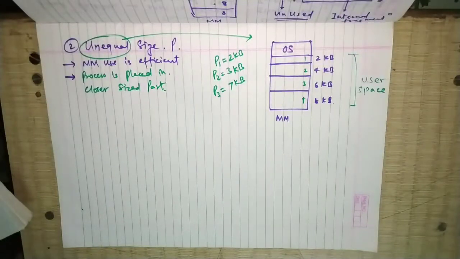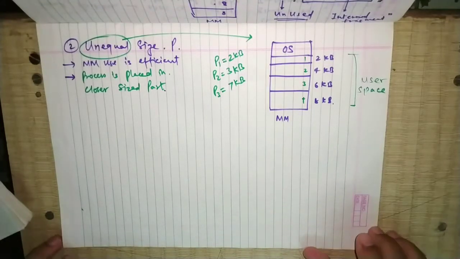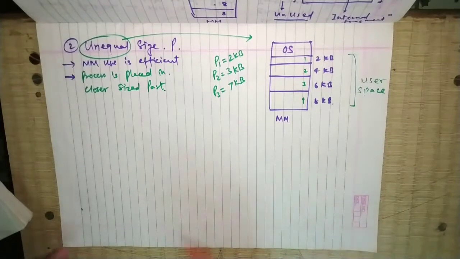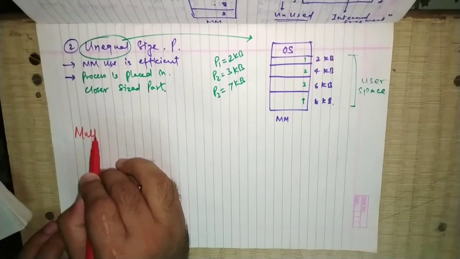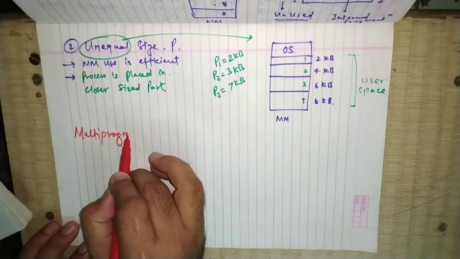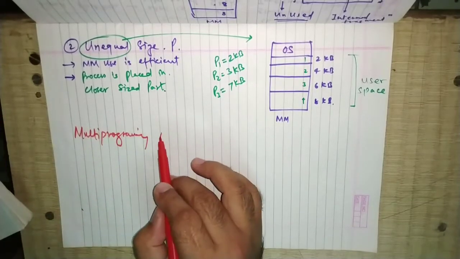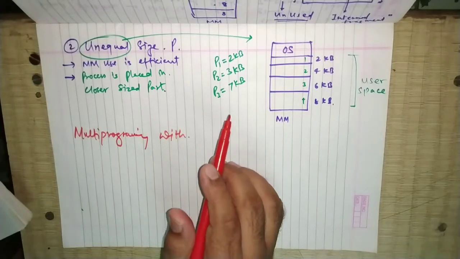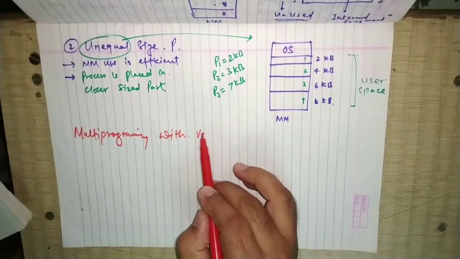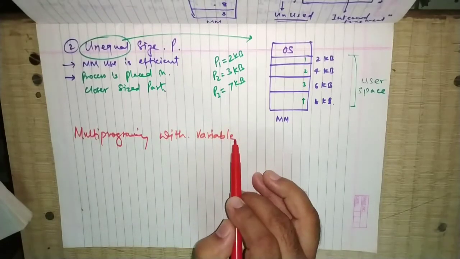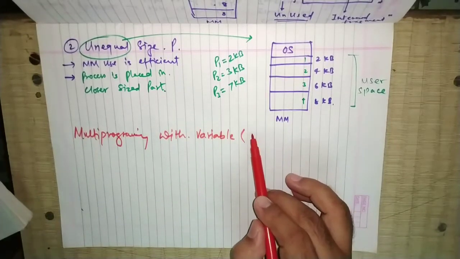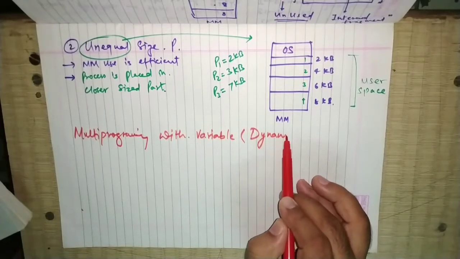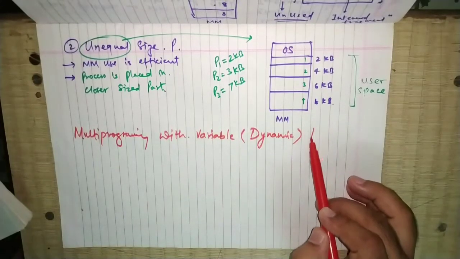Next one, that is the variable partitioning scheme. Okay, so let us start with the next one. From here we will start multi-programming with variable, or we can say dynamic, partitioning.